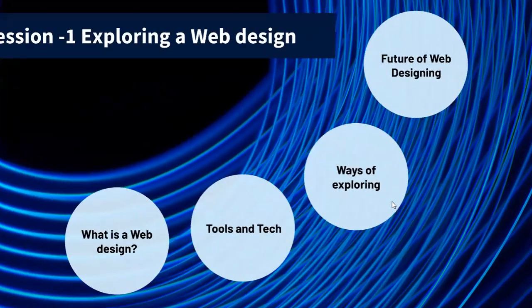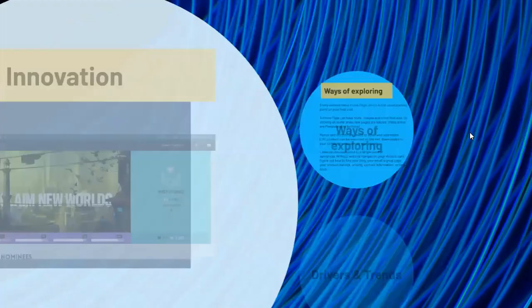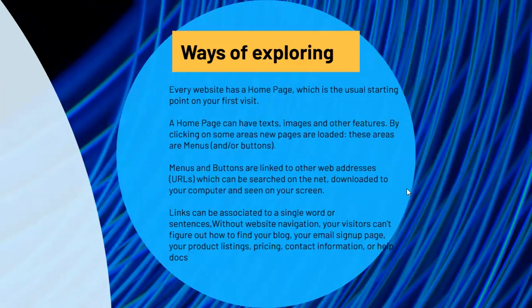Then there are different ways of exploring any website. So we will see how a website is explored. As we all know, there is a home page for every website. We can first visit the page and start going through what kind of text, images, and other features the website is offering us. There are some pages which are still being loaded, and there are menus and other buttons.